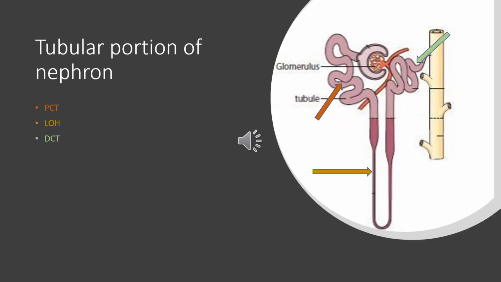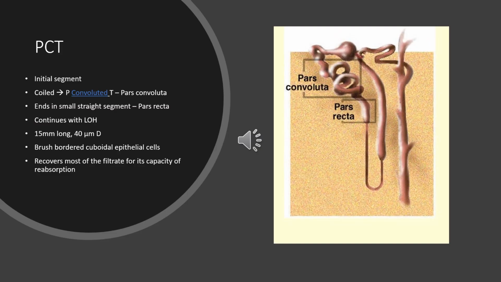Now comes the tubular portion of the nephron, which is comprised of proximal convoluted tubule, loop of Henle, and distal convoluted tubule. Now, let's see the peculiarities of the proximal convoluted tubule. As it is the initial segment of the nephron, it is called the proximal tubule, and since the majority of it is coiled, it is called by the term proximal convoluted tubule.